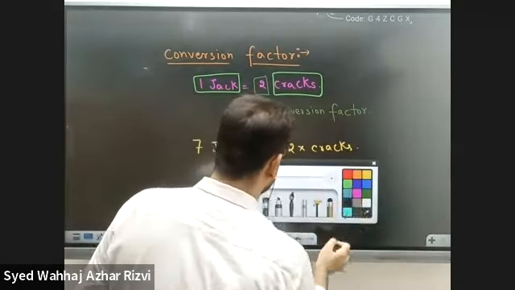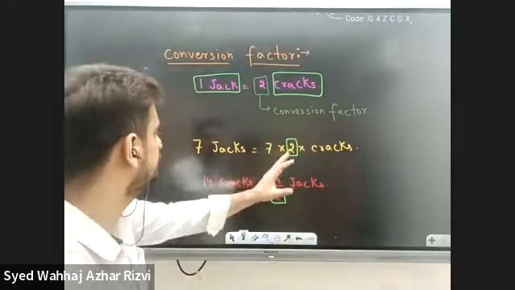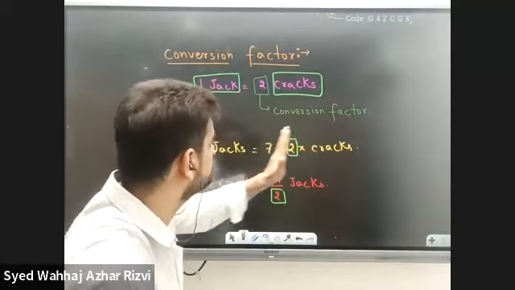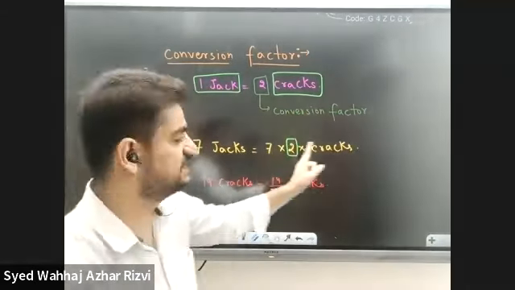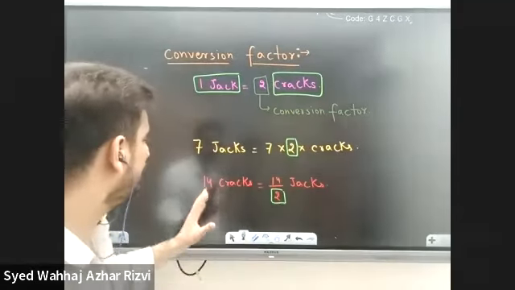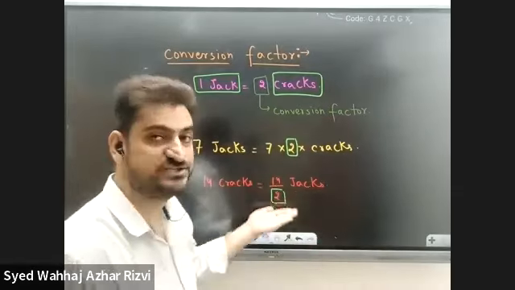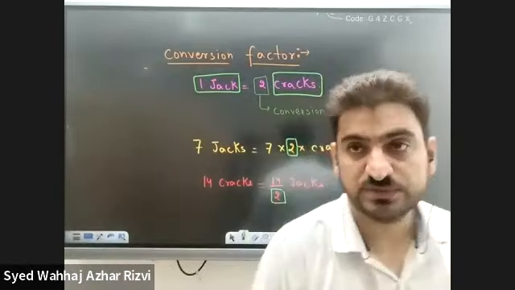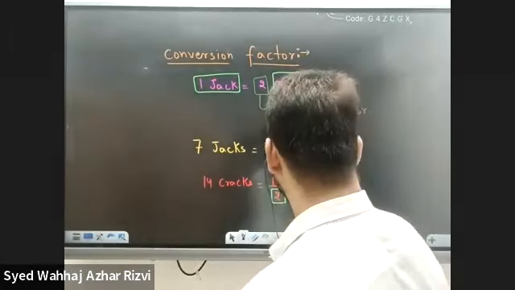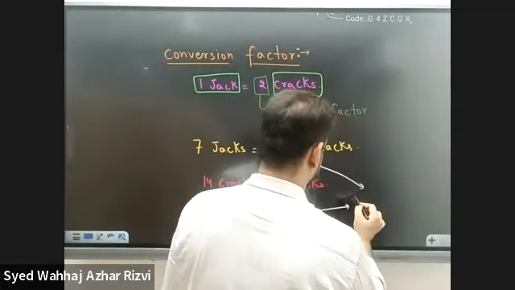So what is this 2 doing over here? This 2 is used to convert 1 unit to another. If we want to convert jacks into cracks, we have to multiply by 2. And if we have to convert cracks into jacks, we have to divide by 2. So this 2 is called the conversion factor.